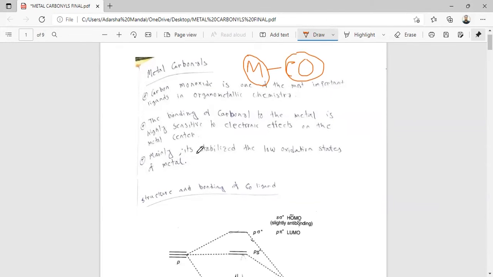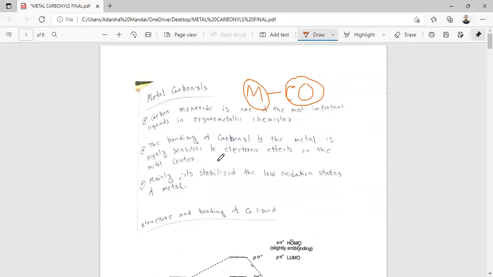Mainly, these carbonyl ligands stabilize the low oxidation state of the metal, because in a low oxidation state there is more electron density on the metal center, which will favor back bonding from the metal to the carbonyl. That's why the carbonyl is stabilized with the lower oxidation state of the metal center.